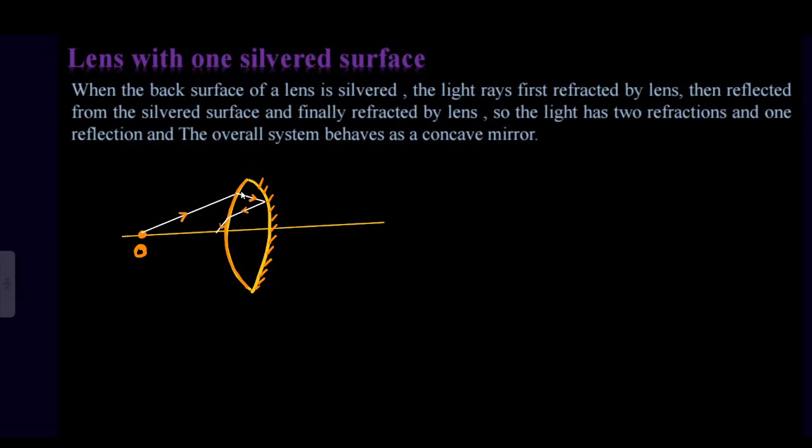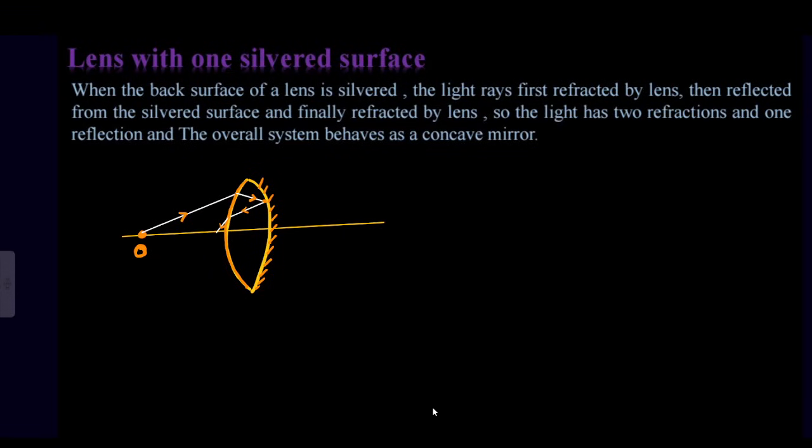Here on the surface it is refracted, here it is reflected, here it is refracted. So two refractions and one reflection we have.